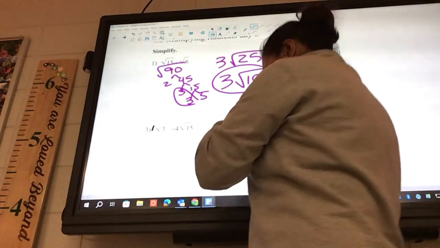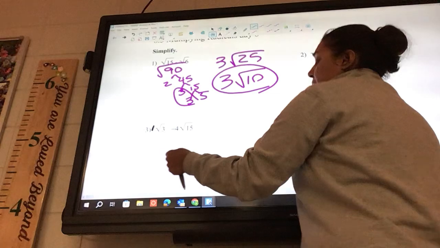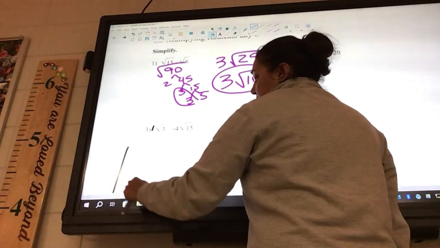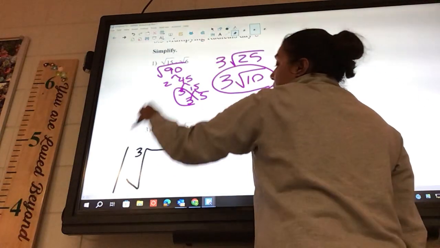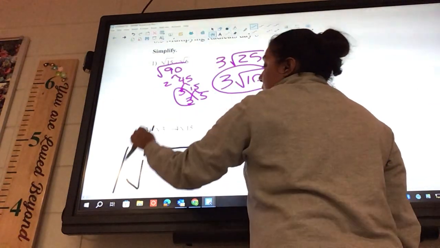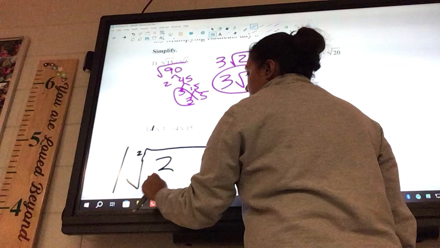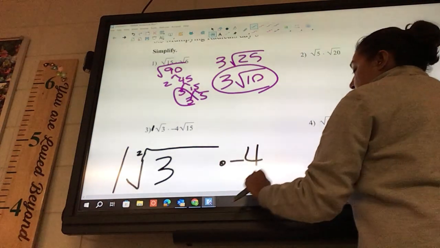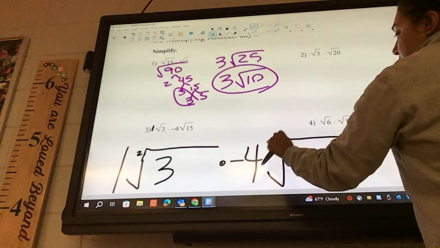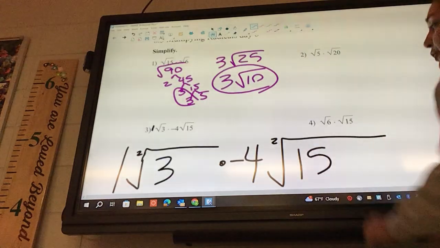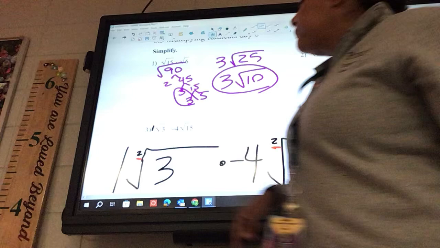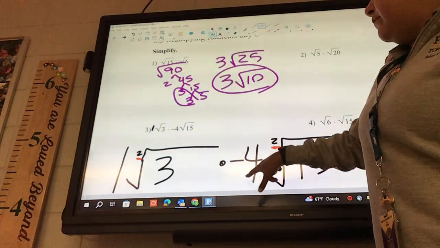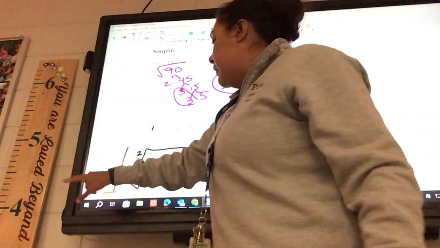So the long drawn out way looks like this, and don't write it down: 1 square root with a baby 2 here and a 3 times negative 4 square root with another baby 2 and a 15. So the 2's are the index. These are just numbers that go here.